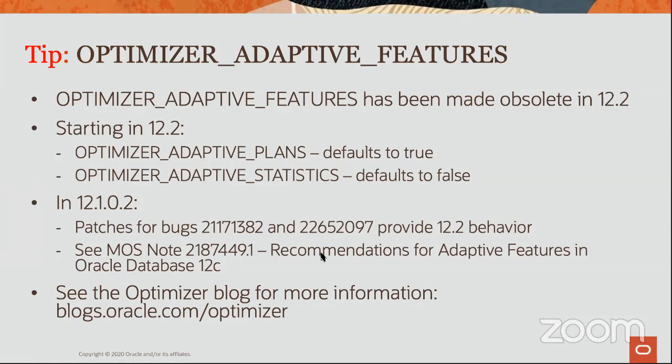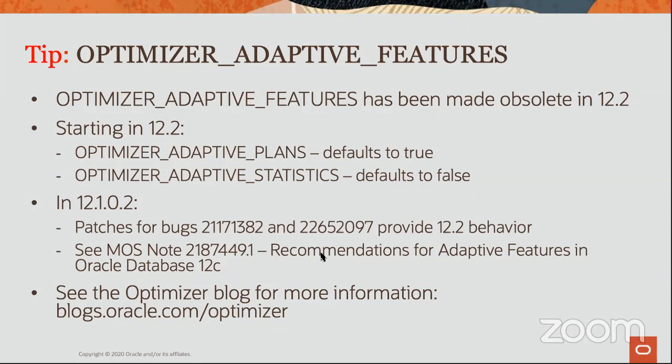In 12.1, we had one method of doing it. In 12.2, we improved the mechanism for adaptive features. We broke it into two sections: adaptive plans, which actually worked pretty well out of the box even in 12.1, and then adaptive statistics, where we had some problems with 12.1.